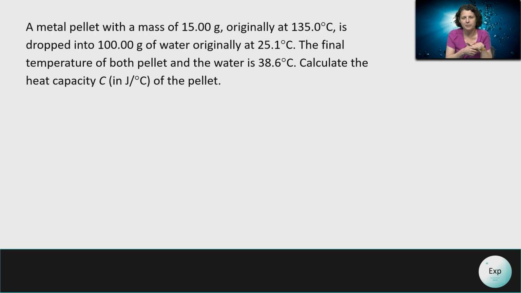In the first step, you would start by determining the heat associated with what happened to the water.